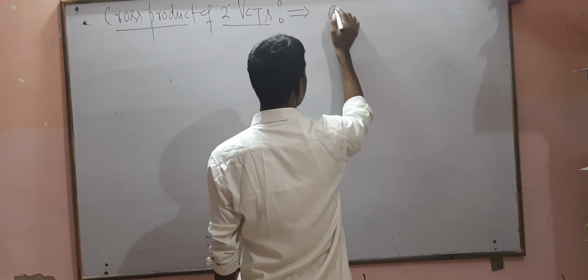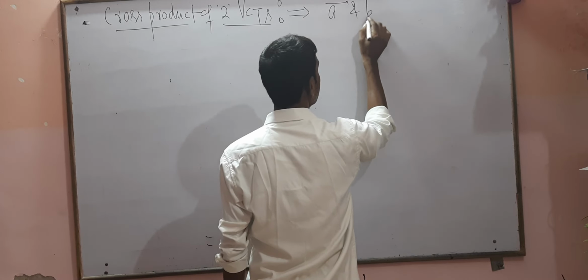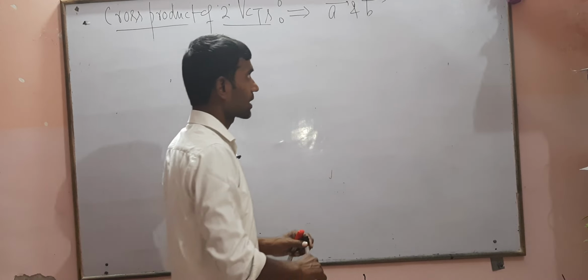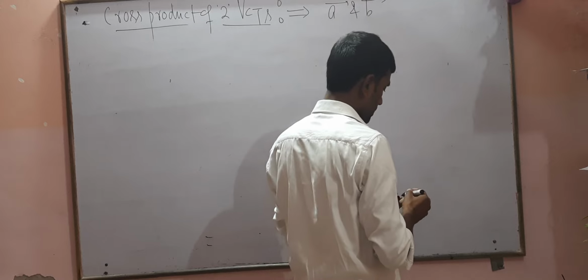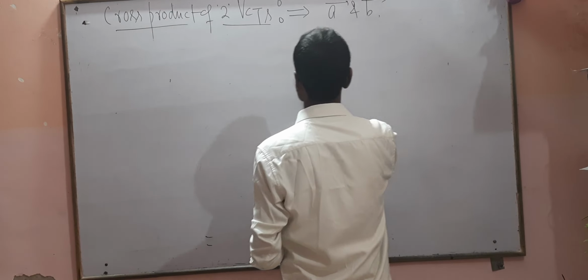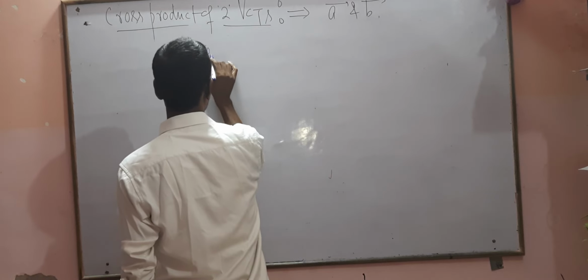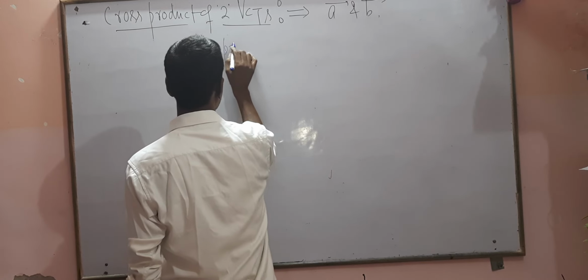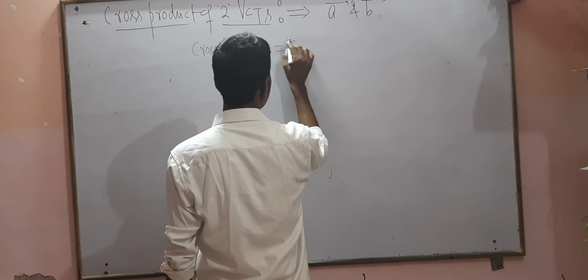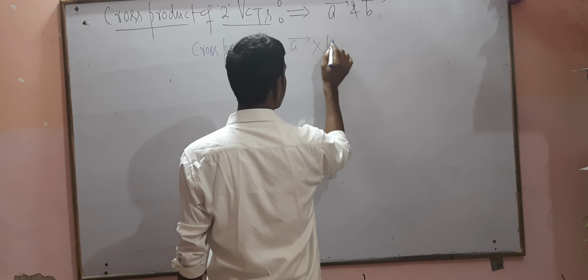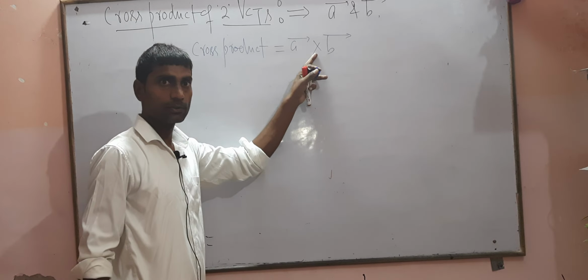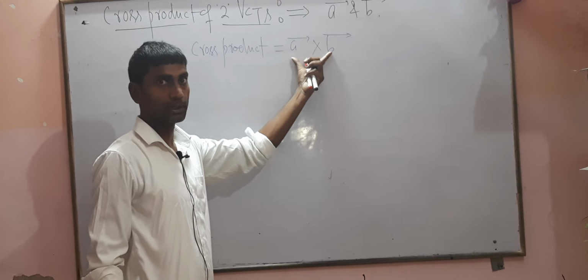Let two vectors be vector A and vector B. They are the two vectors. Then what will be the cross product of those two vectors? The cross product equals A cross B. This is the cross product of A vector and B vector.